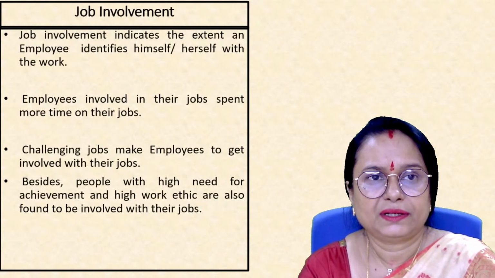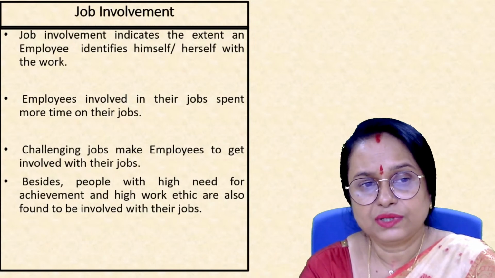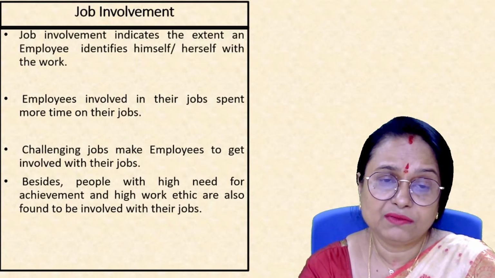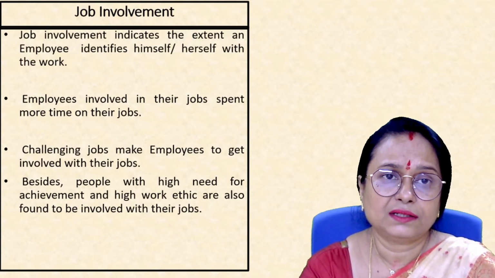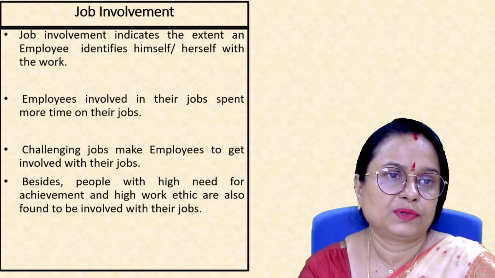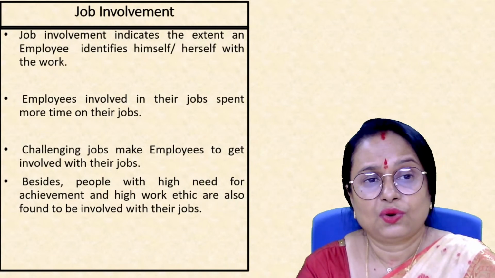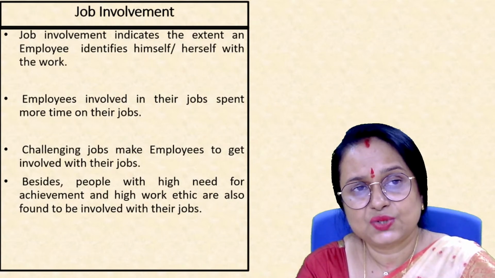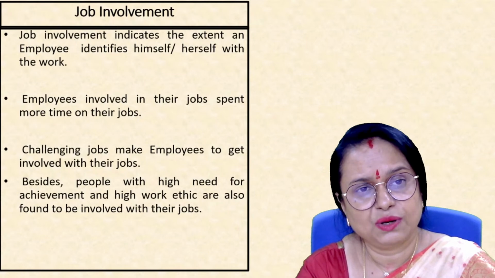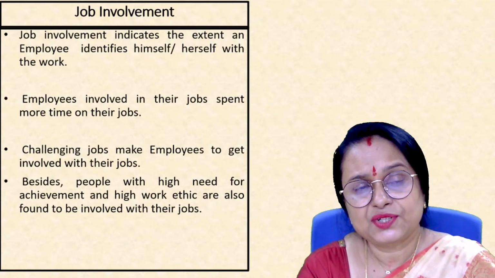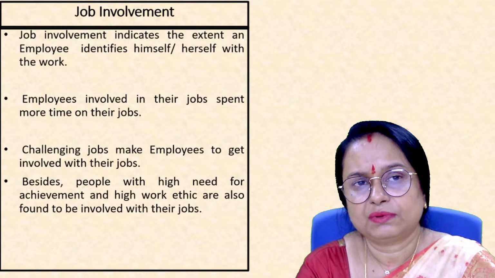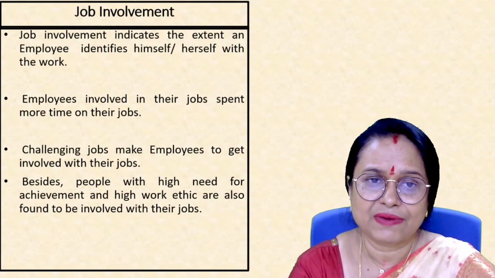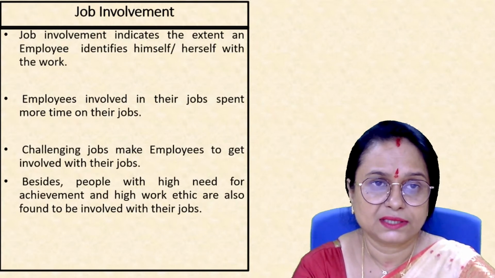First, job involvement. Job involvement is also called employee engagement. How involved employees are with their job. So the more involved one employee is with his or her job, he spends more time with the job and less time with other things like family, friends, and other things.